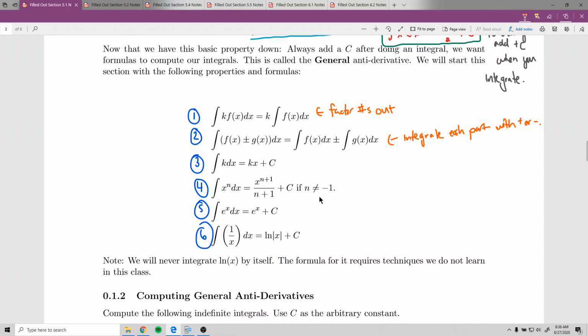Also back in the power rule, we were learning two special rules that don't seem like they get captured by the power rule, even though they will. This first one is the same way. You can use the power rule for it, but it's easiest just to realize it in a slightly different way. So this says if you integrate just a number, then the answer is that number times x plus c.